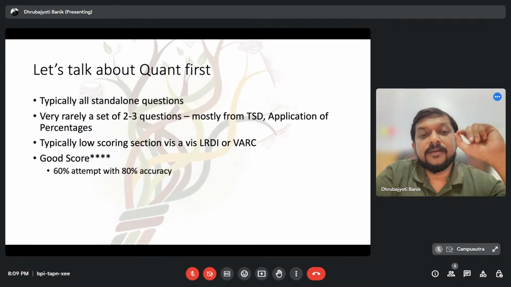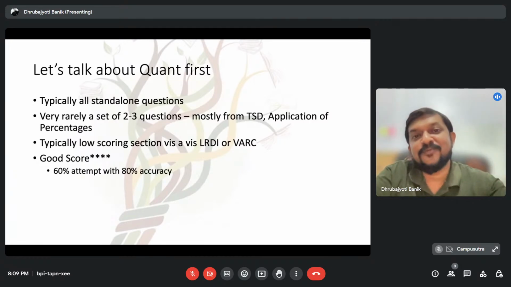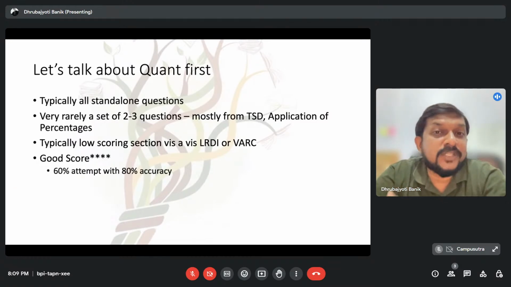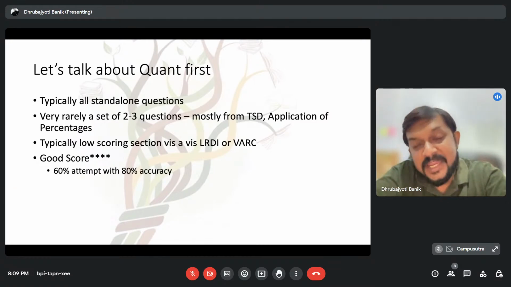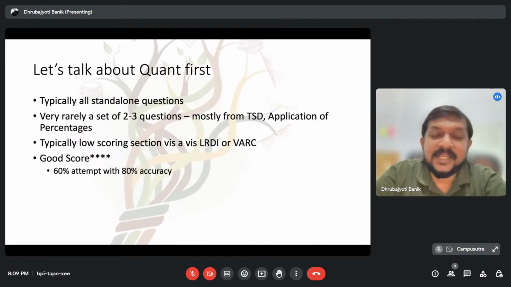So typically low scoring section, please do not compare it with VRC or LRDI. If in VRC or LRDI you are able to do 70% of the number of questions or 80% of the number of overall questions, here as you can see, 60% of the questions attempted with approximately 80% accuracy. I don't want to put an absolute number to it.